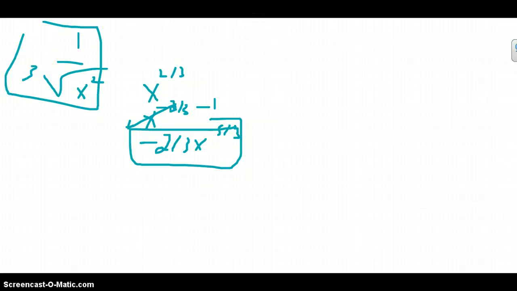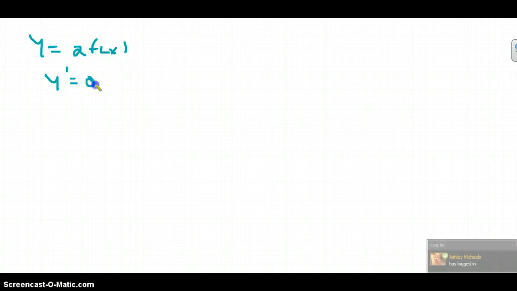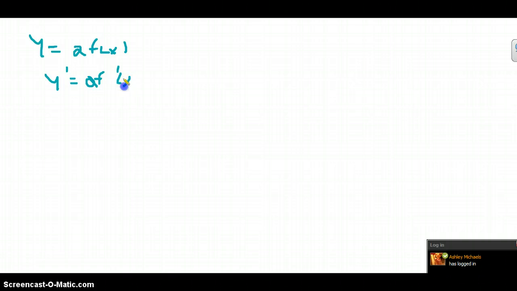We also have another way to apply the power rule. Because we know the property that y equals a f of x is equal to y prime of a f prime x, right?